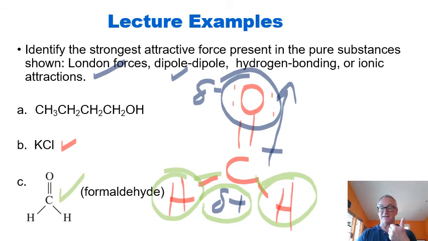So it has a lower boiling point than water or ethanol because they can hydrogen bond and formaldehyde can't. In fact, formaldehyde becomes a gas fairly readily, and if you've ever smelled it, it's pretty nasty stuff.